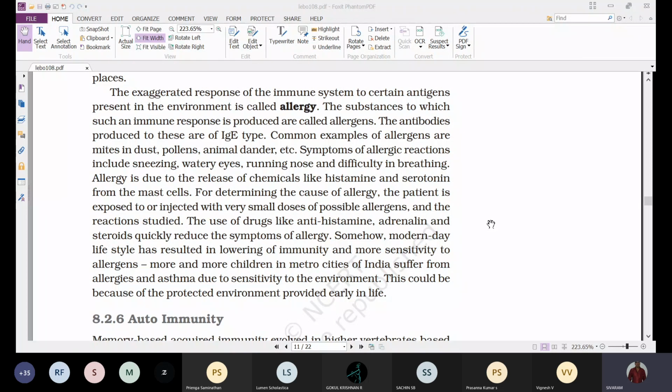And next, a running nose and difficulty in breathing. The person finds difficulty in breathing. So these are some of the symptoms of allergic reactions: sneezing, watery eyes, running nose, and difficulty in breathing.